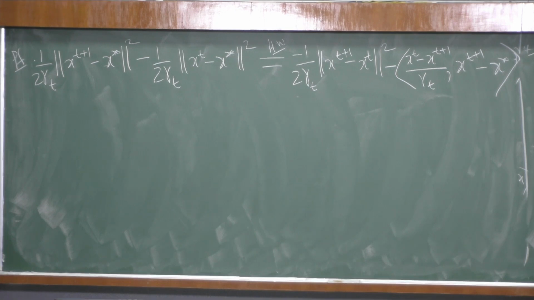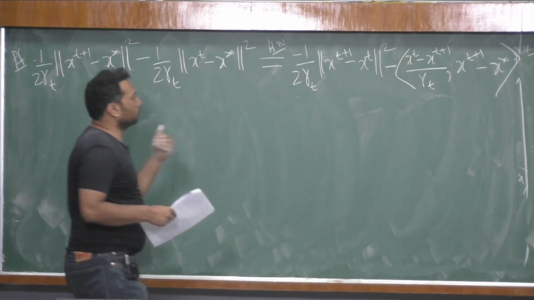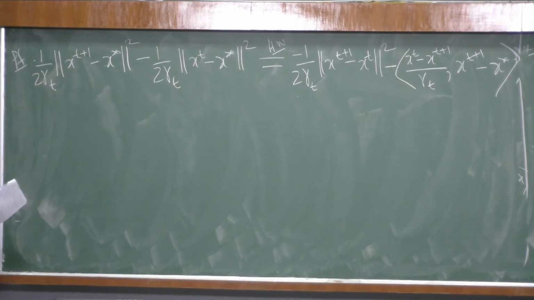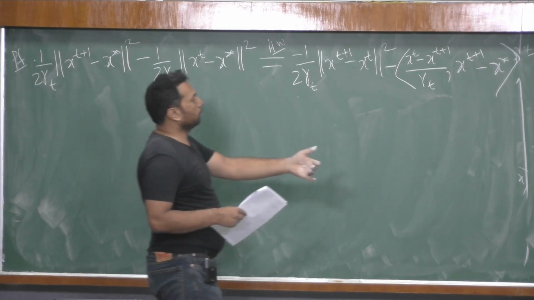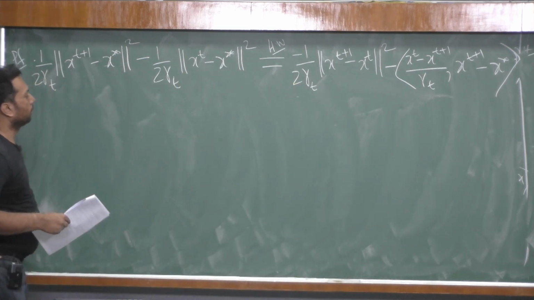Then we look into this and see that since x_{t+1} comes from the proximal, there was a result that if y is the proximal of g at x, then x minus y is in the subdifferential of g.